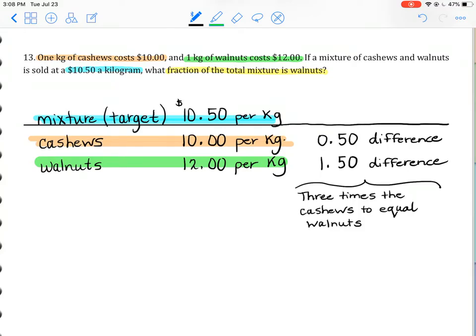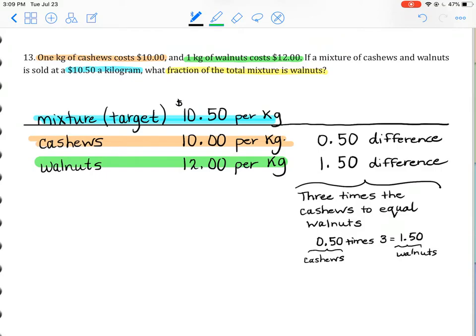The walnuts are $1.50. 50 cents times 3 is that $1.50. And that's where I'm getting that number. The walnuts, that's this number, are 3 times the cashews. If you get that, you've got it.